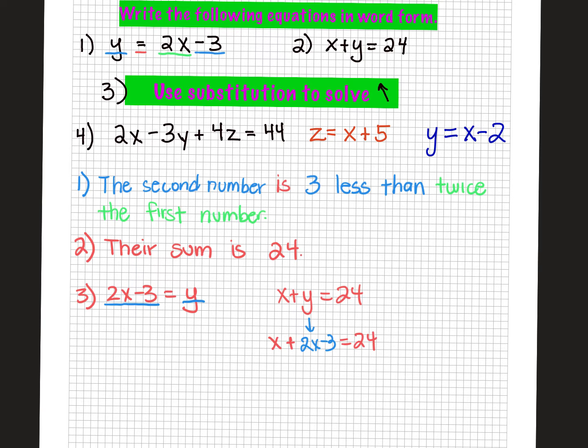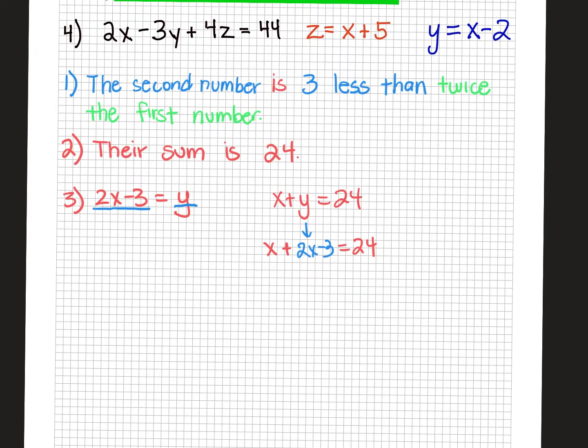Now from here, you should be able to figure out what x is equal to by adding them together. We've got x and 2x is 3x, minus 3 equals 24. I know I have to move the negative 3 over to the other side and make it positive 3. So I have 3x equals 27. I divide by 3, and I get x equals 9.